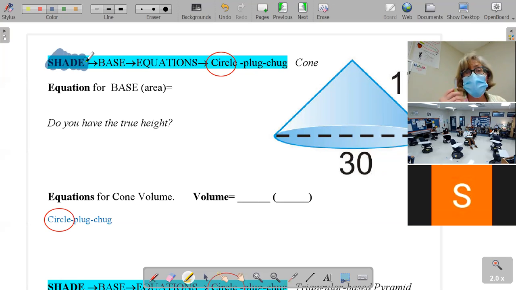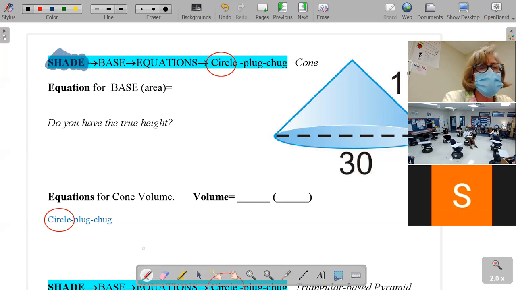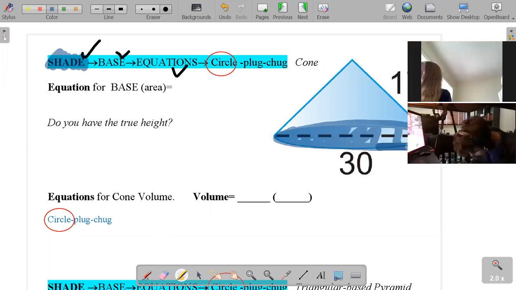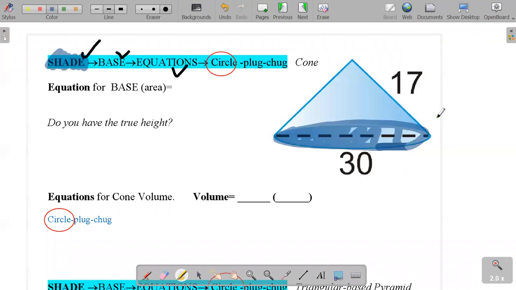Okay, here's the steps you should have followed. If you follow these steps, you'll never get lost. You shade, find the base, write your volume equation, circle, plug, chug. Step number 1, you shade the base. Jessica, what shape is the base and how did you find the area?